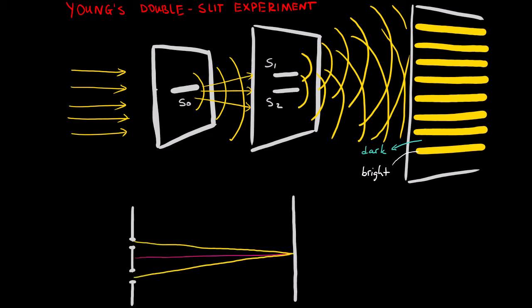At this location, the two wave paths, R1 and R2, are equal to each other. R1 equals R2, which means they both meet at that point in phase, and so they will interfere constructively, which will cause a bright fringe right here.